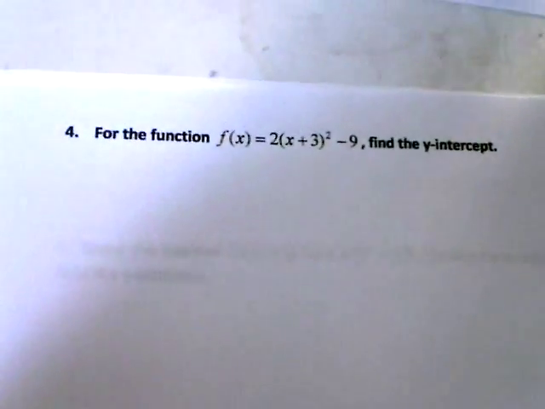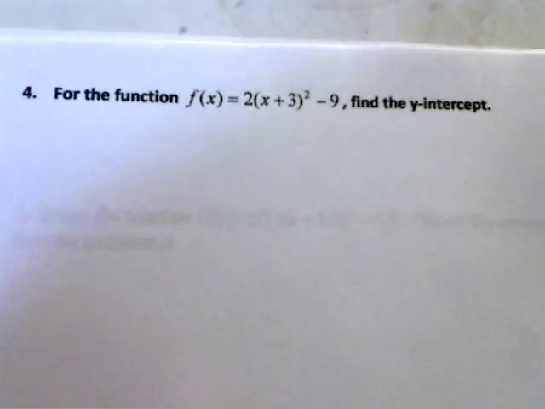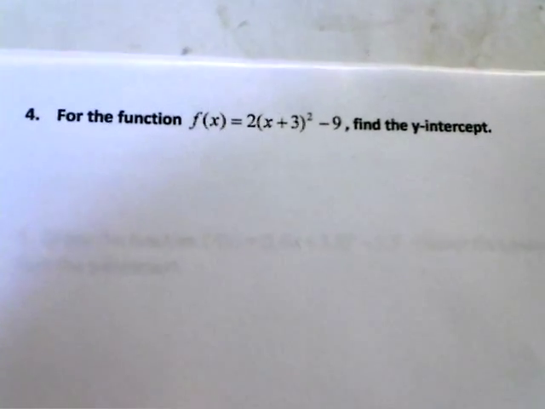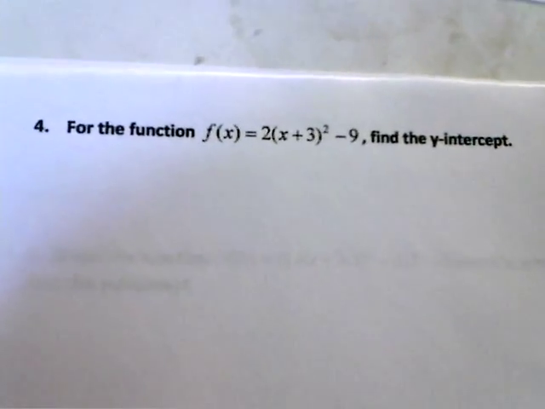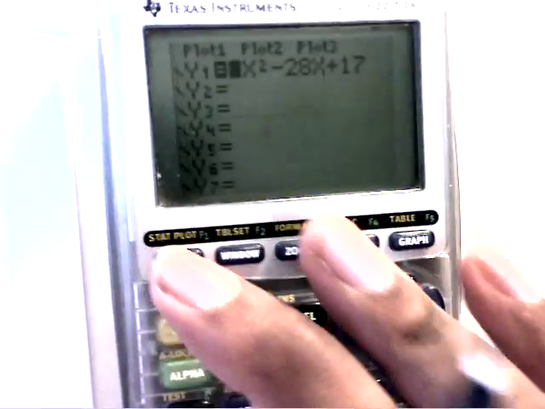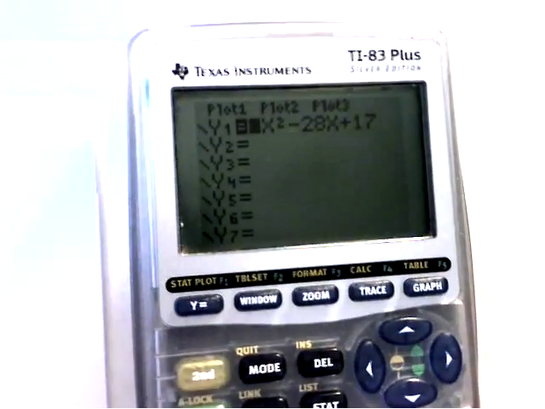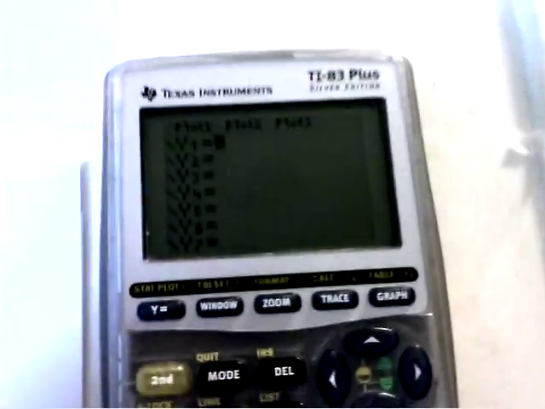Okay, number 4. Here we're going to find the y-intercept of this equation: f of x is equal to 2 times the quantity x plus 3 squared minus 9. So here we go to y equal. Clear out this equation. We're going to enter that equation as we see it on paper.